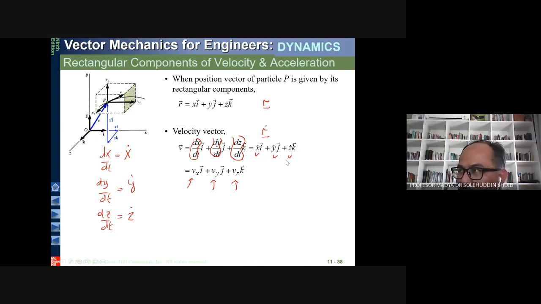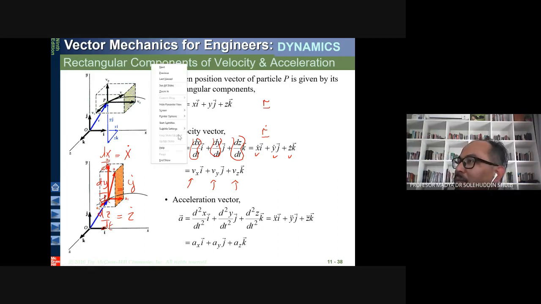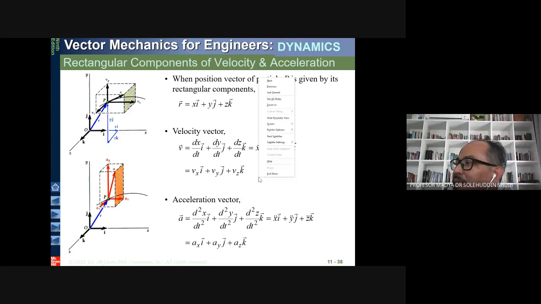Then consistently for the next one, to find the acceleration, we differentiate one more time, so it becomes x double dot, y double dot, and z double dot. These are the steps of how we can write the rectangular components of the velocity vector and acceleration vector of a particle.